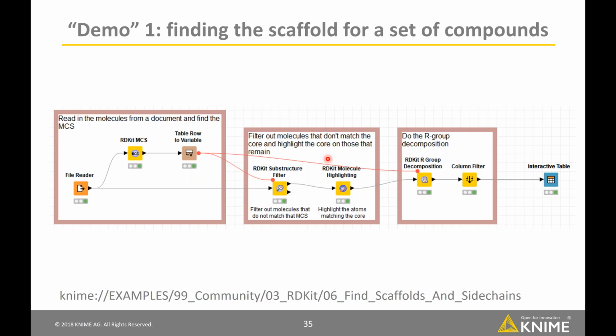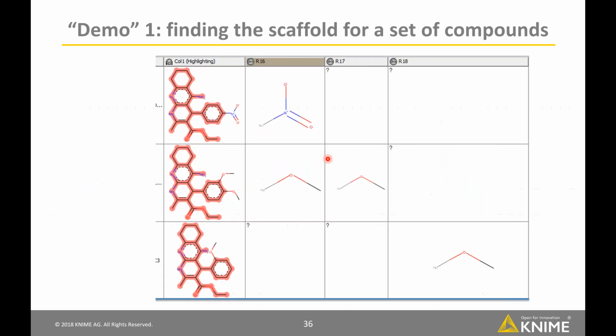So let me show you what the results of this look like, and then I'll say a little bit more about how this happens. This is the R group decomposition that comes out. The molecules that I'm showing here are from a paper that was pulled from ChEMBL, the big open source or open data collection.